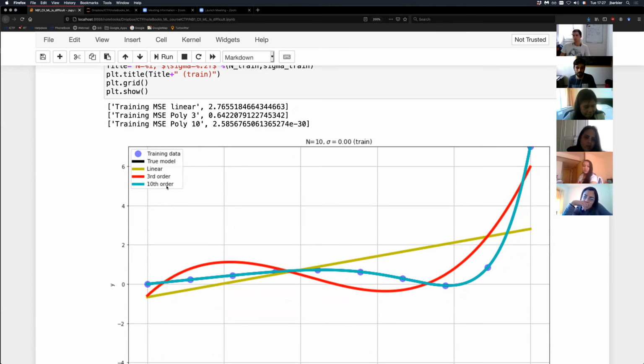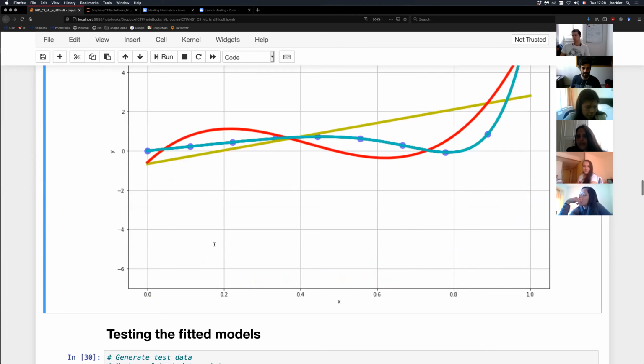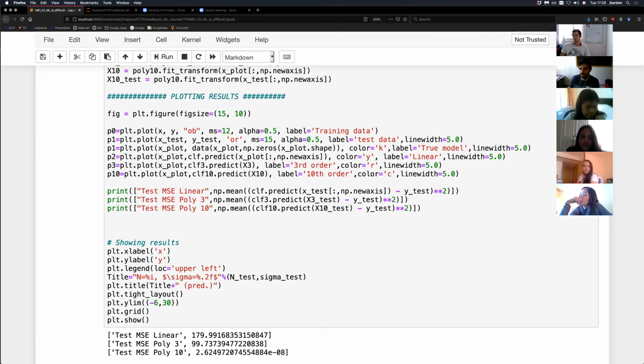Okay, it found the proper coefficients, and this is possible because the noise was 0. And the linear model is doing the worst in this case. This is the best linear fit for this training data. And the best third-order polynomial is this red line. And let's see what happens on the test data. What do you expect? Which one should be the best?